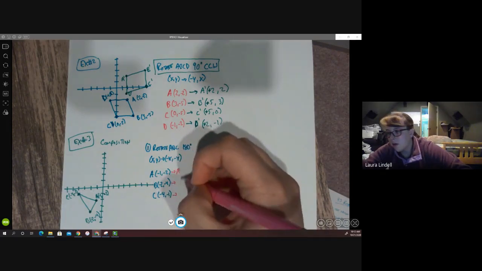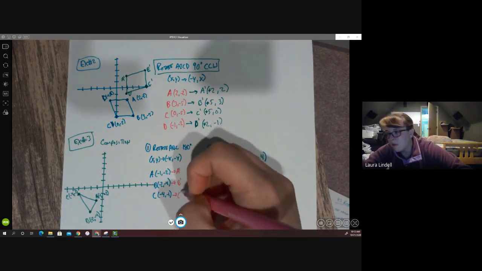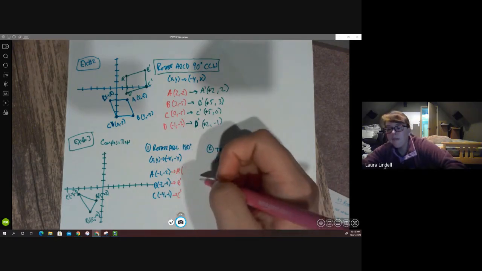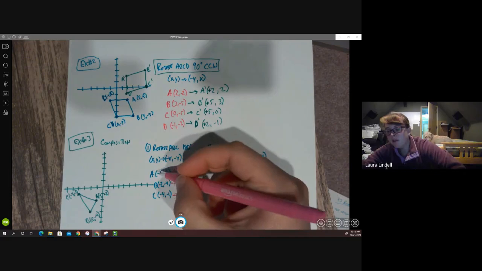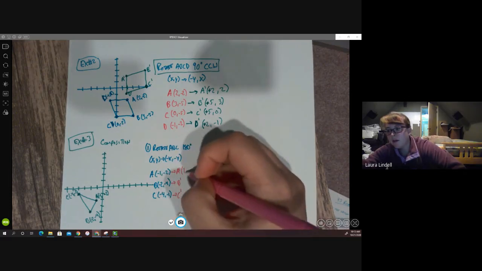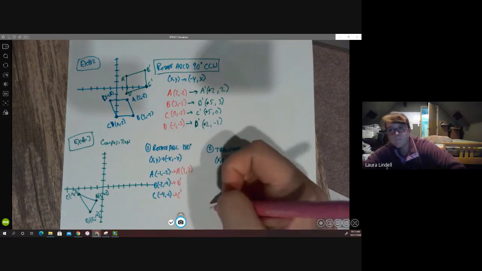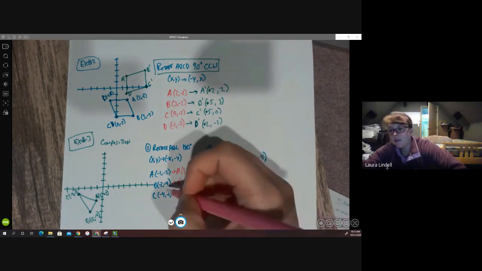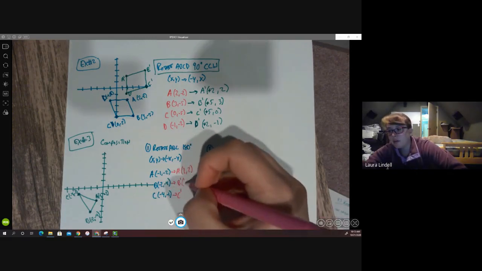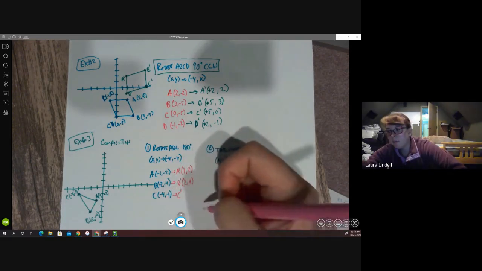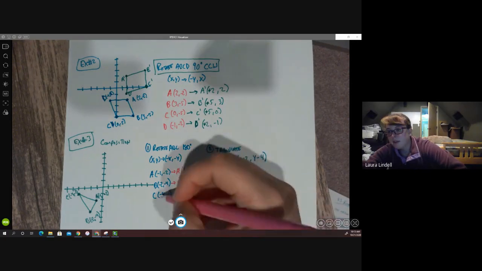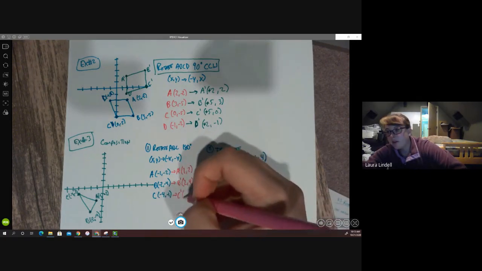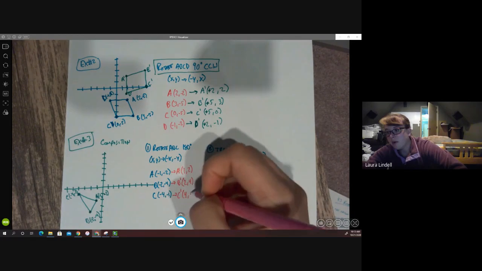So A prime, B prime, C prime. And all I'm doing is switching the sign on X and Y. So instead of -1, -2, it's going to be +1, +2. Instead of -2, -4, it's going to be +2, +4. Instead of -4, -1, it's going to be +4, +1.